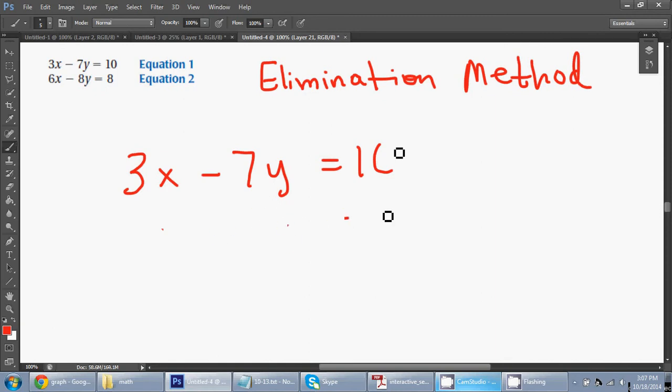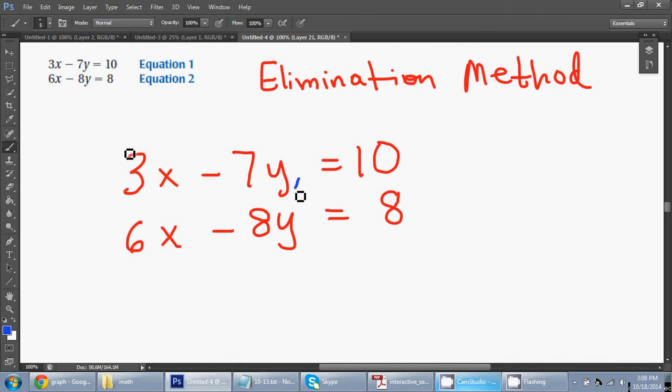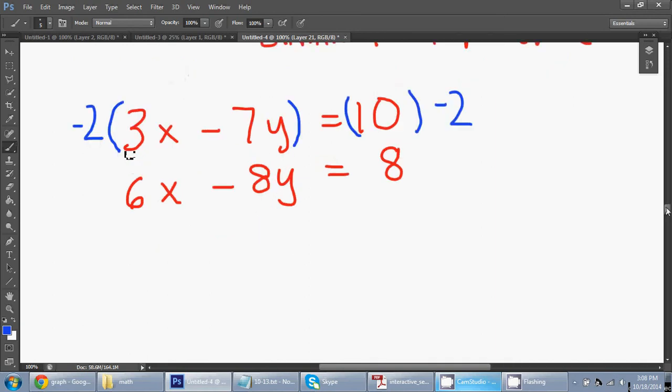is equal to 8. And so here you can do anything you want to one side of an equation as long as you do the same thing to the other side of the equation, and you'll get an equivalent equation. For example, if I multiply this top equation by negative 2 and I multiply the right side by negative 2 as well, then the answer that I get is going to be the exact same equation.